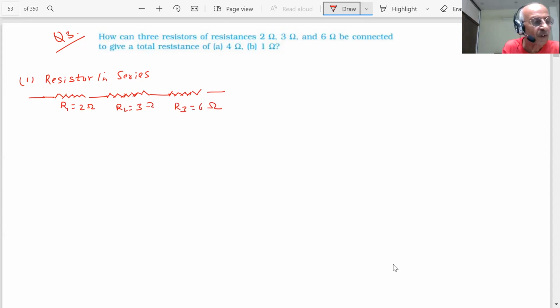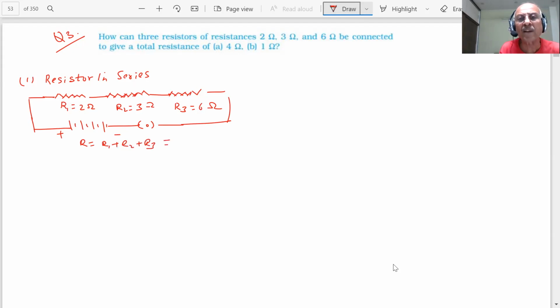Then what happens? If you have this type of circuit, you are aware of it. In this circuit, the total resistance will be R1 plus R2 plus R3.